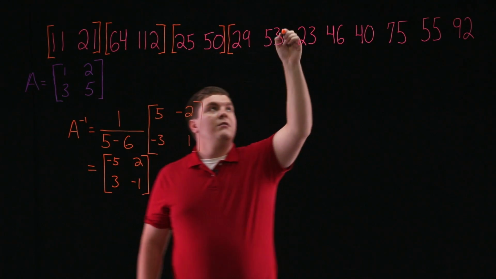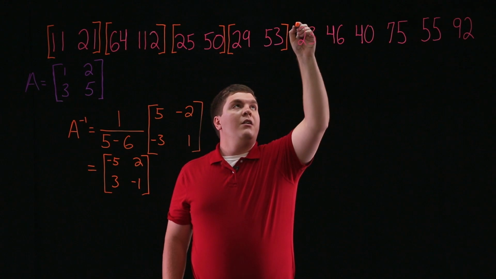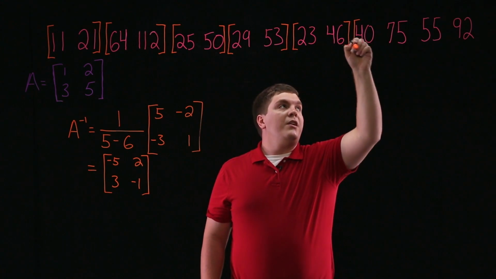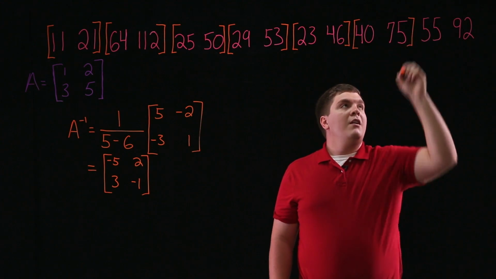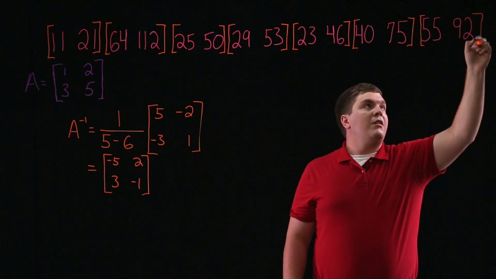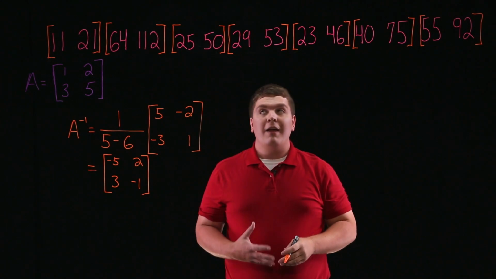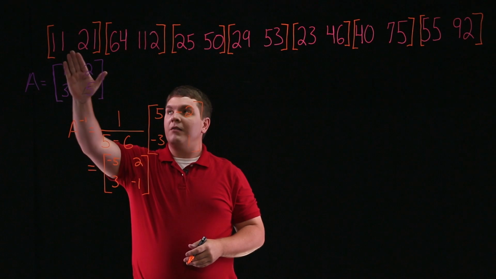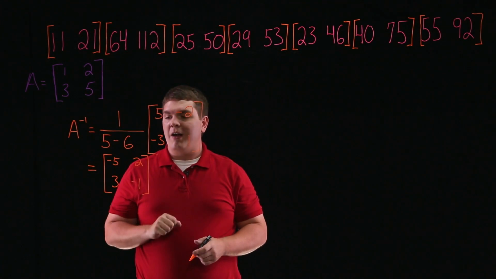Then a matrix with 29, 53, then 23 and 46, 40 and 75, and our last matrix will be the matrix with 55 and 92. Now, to start decoding our cryptogram, we want to multiply each of these matrices by our A inverse.